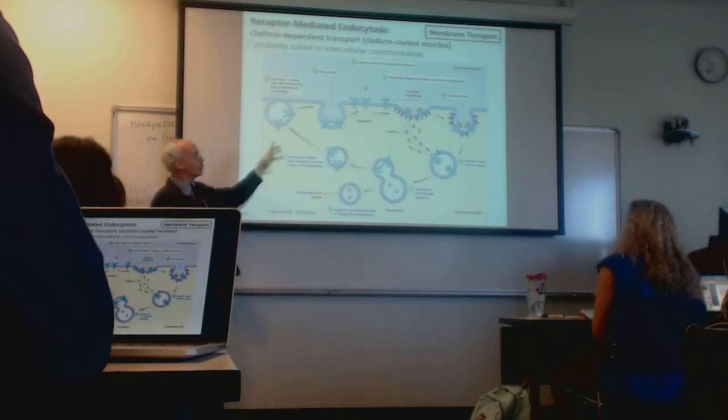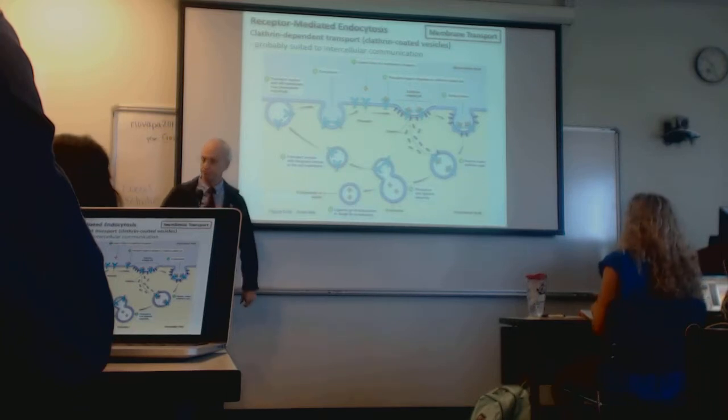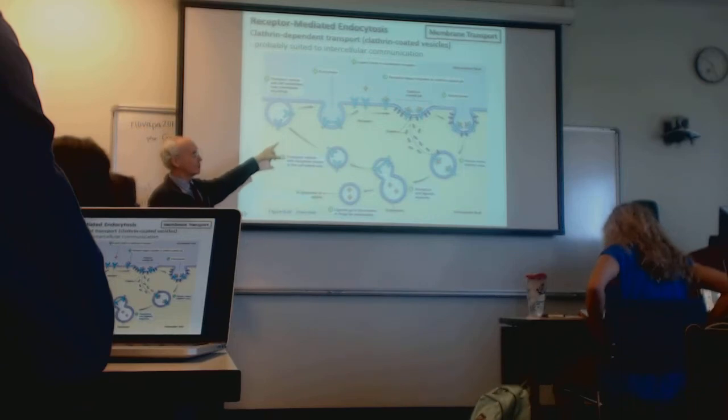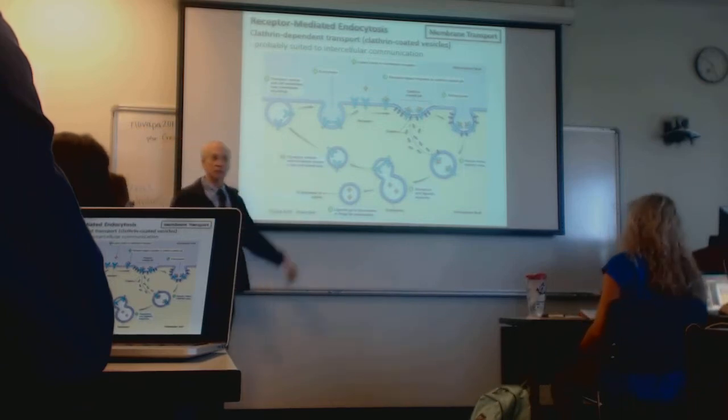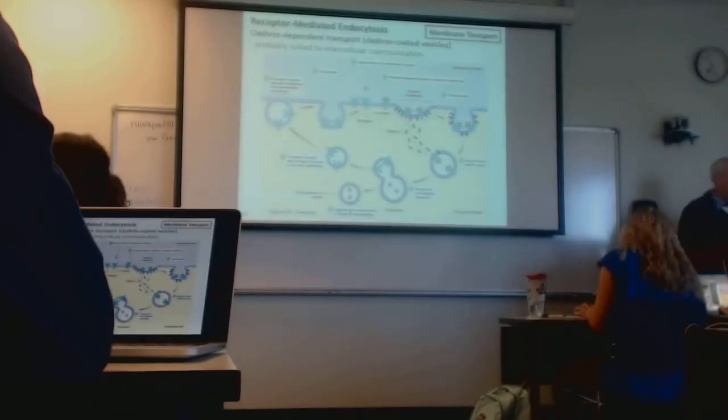So in this way, the cell is sensing its environment and responding accordingly. Is all endocytosis receptor-mediated? Probably not. The only point I'm making is that virtually all cells have this, so it must be important. It must be an essential component of their metabolism and physiology.